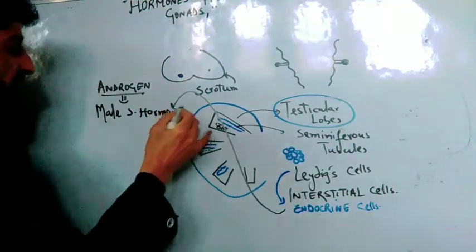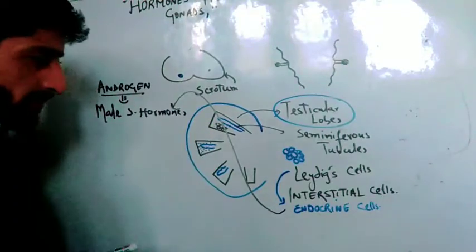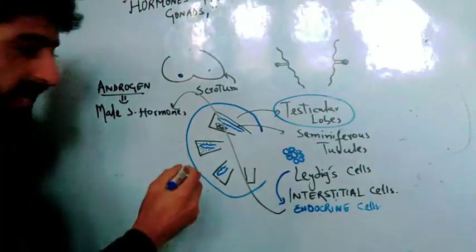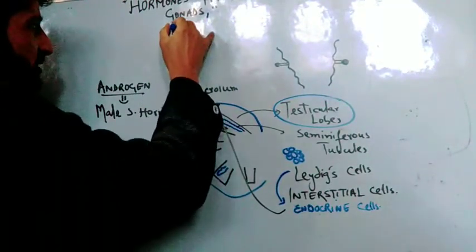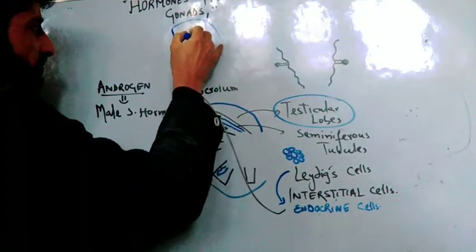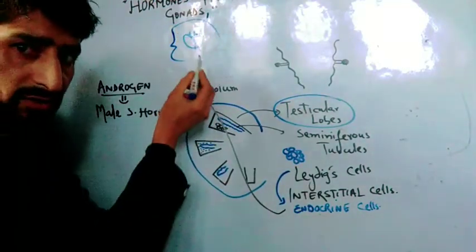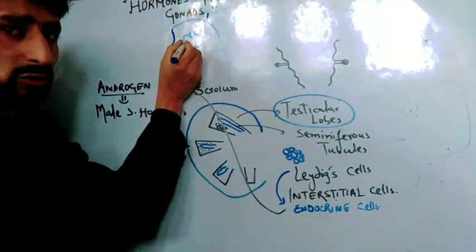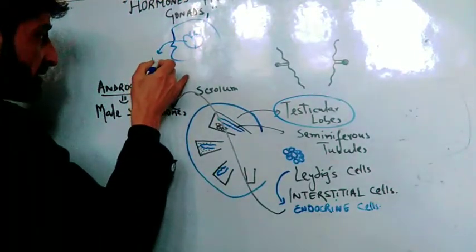Now, the next point. These Leydig cells are actually stimulated. If here is a pituitary gland, from the pituitary gland, a very special hormone is produced. That hormone is called LH.